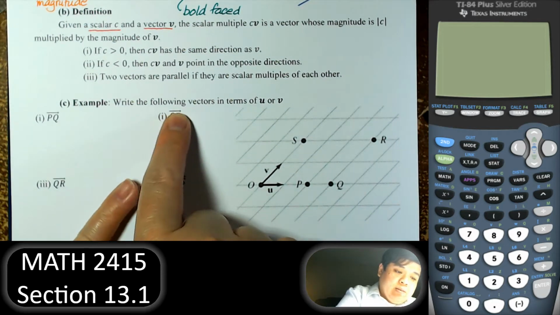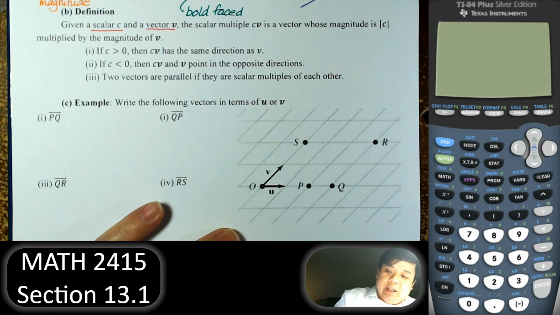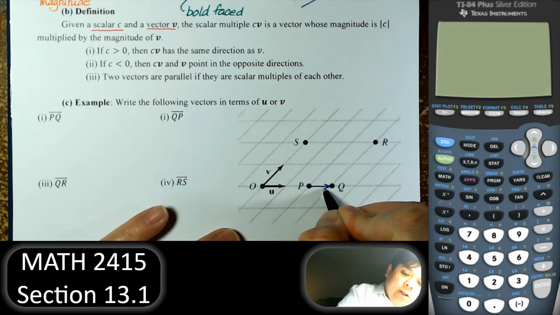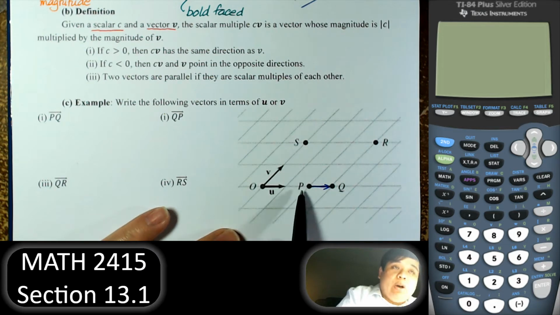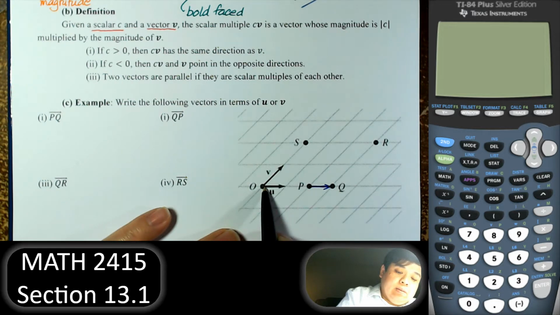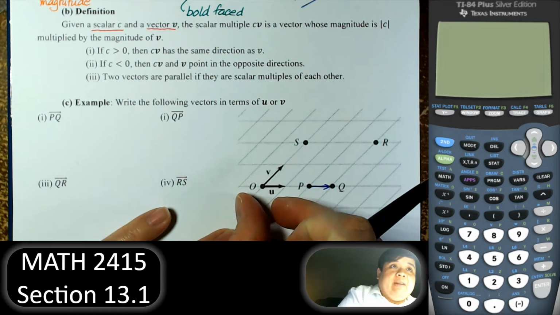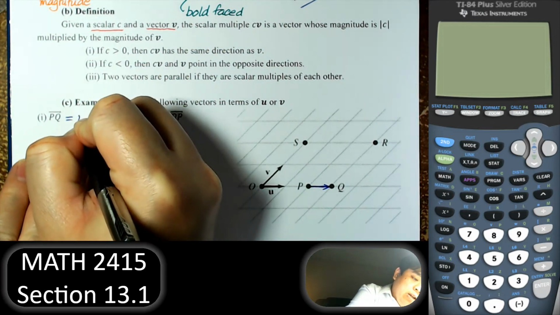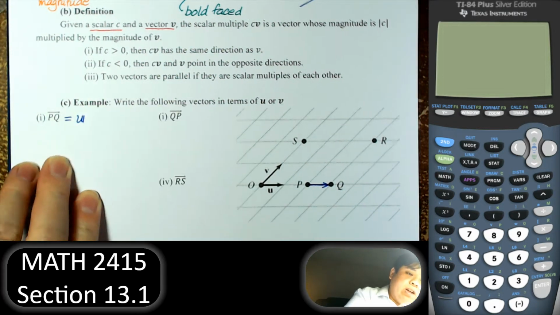Write the following vectors in terms of U and V. So first vector PQ. PQ points in the same direction as vector U, and has the same length. So we say PQ is equal to vector U. I'm going to use boldface.